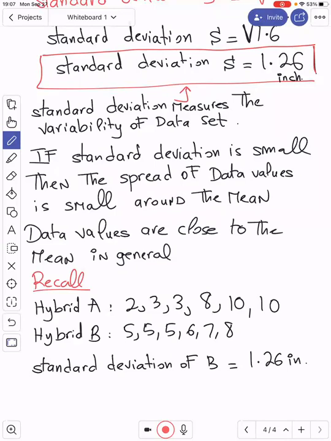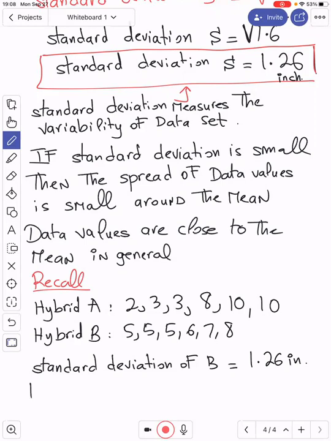So what do we expect? Do we expect the standard deviation of hybrid A to be larger than that of hybrid B, or less? Higher. Higher, absolutely. Thank you. Excellent. That's exactly the idea.